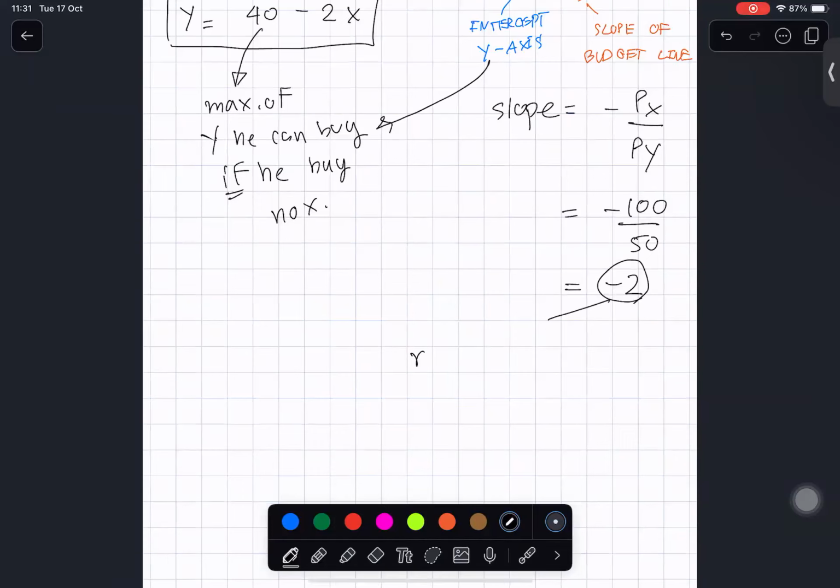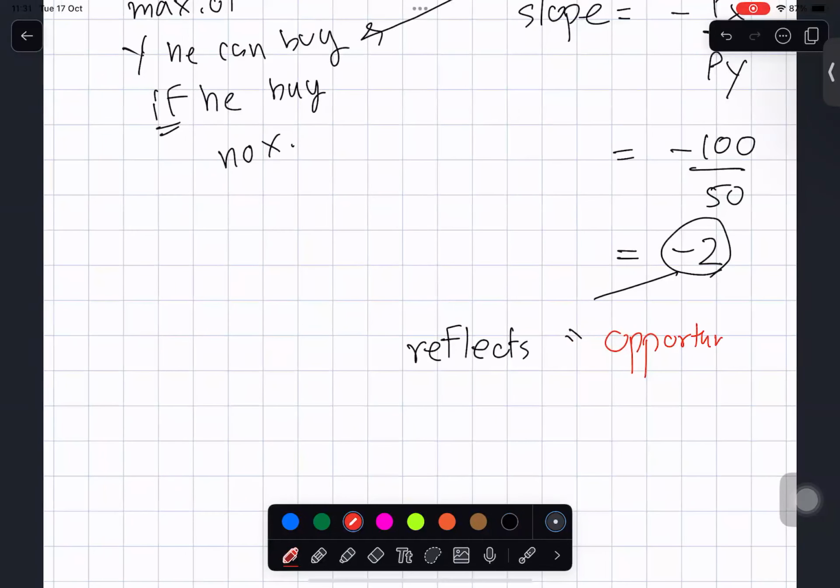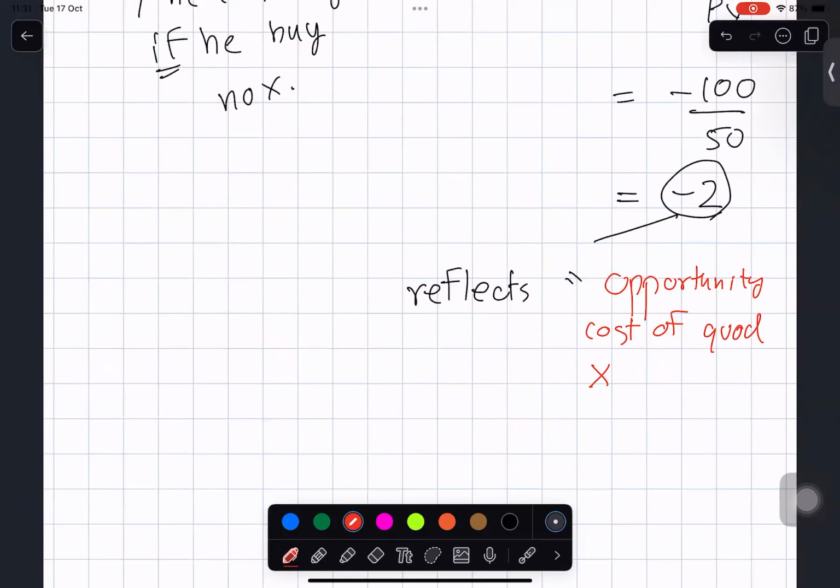Minus 2 reflects the opportunity cost of good X. It's telling you that every time you look for one more slice of pizza, you must be ready to sacrifice or give up consumption of Pepsi by 2 cans.